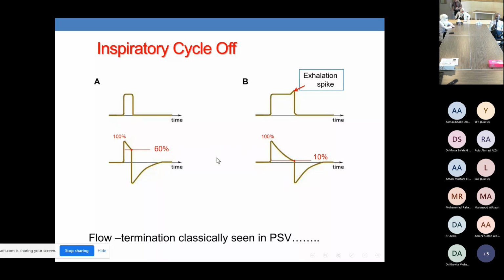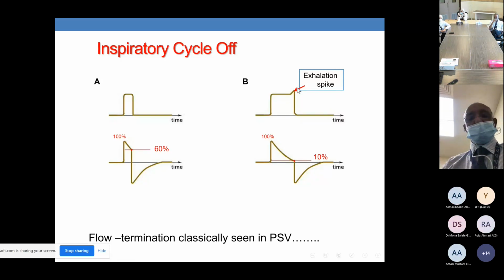Again, the problem with flow cycling is if it is very high or very low. If it is very low, the patient wants to exhale, but you still don't allow it. You didn't open the expiratory valve yet, so you have an exhalation spike.